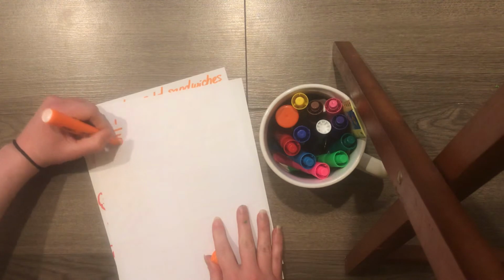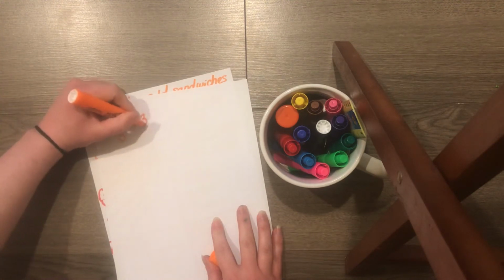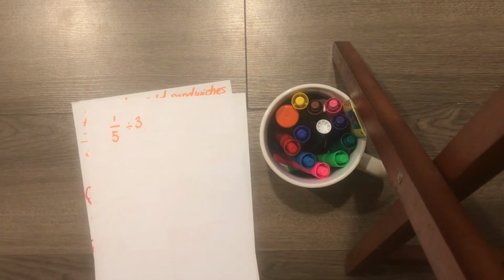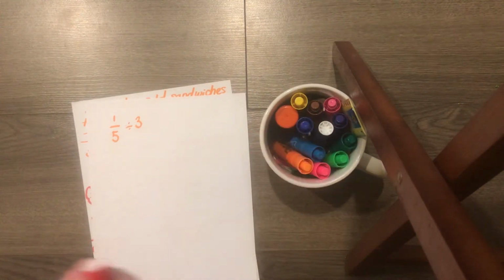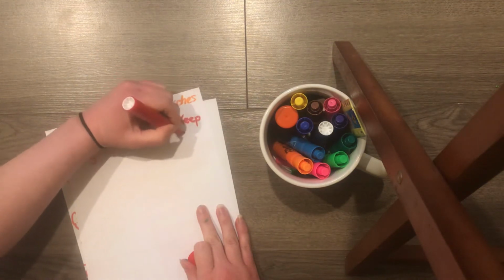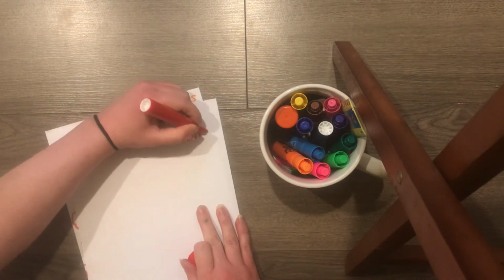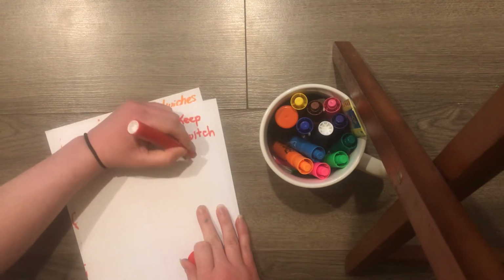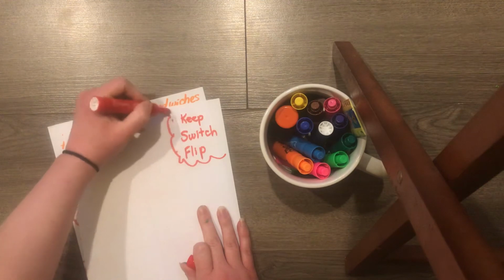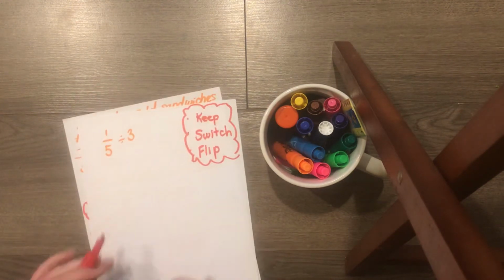So I've got 1/5 divided by 3, and you know when we divide fractions, we keep, switch, and flip. Those are our 3 that we want to make sure we do. We keep, switch, and flip.